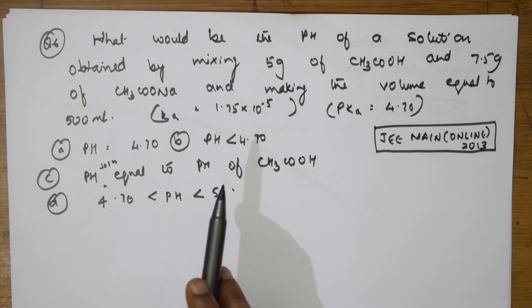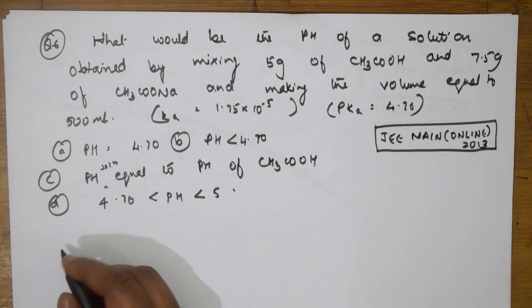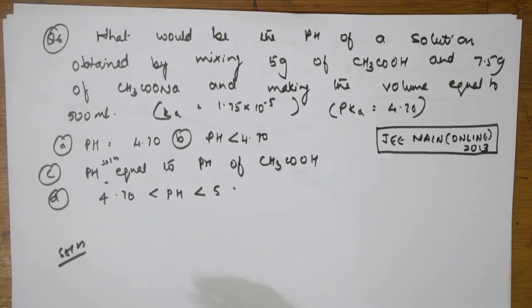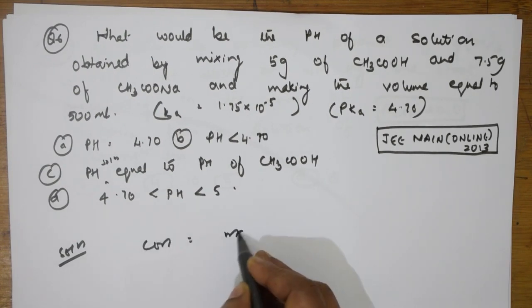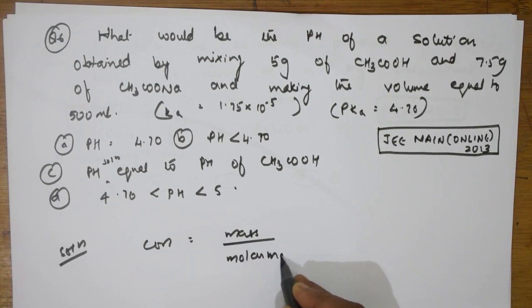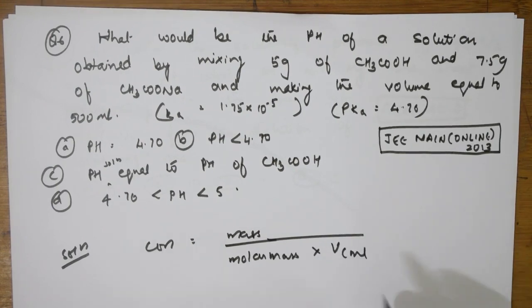Now I have to find the pH of the solution, right? To solve such questions, the first important thing is to remember the formula. In simple terms, concentration is equal to mass by molar mass into volume in ml.